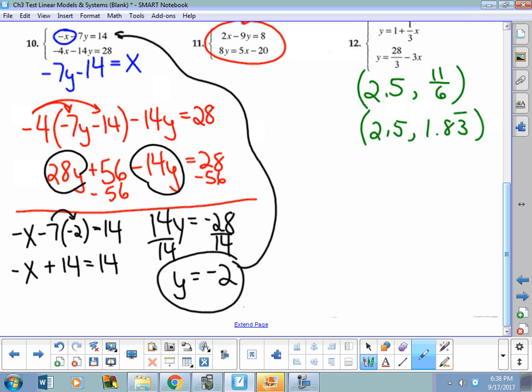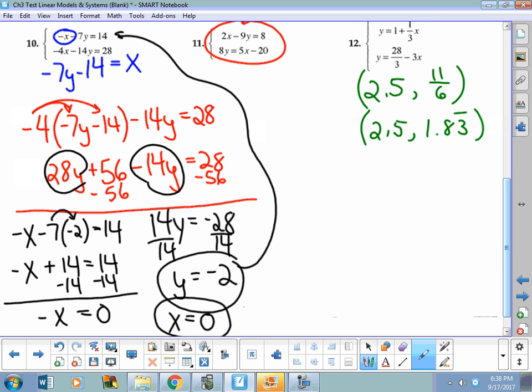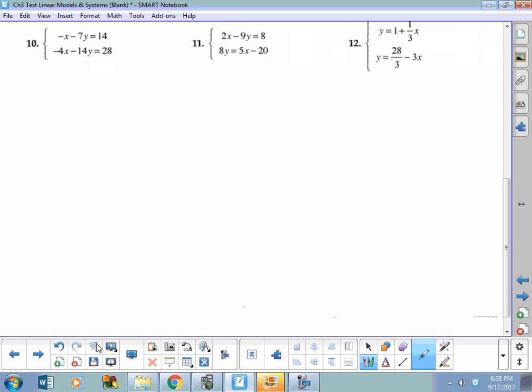That's positive 14. So watch, when I subtract 14 on both sides, I get negative x equals 0. And guess what? Just x equals 0, right? I can divide by negative 1 on both sides. So x equals 0. And those are my two answers there, 0 and negative 2. How about that? All right, great. 0, negative 2. Let's do the last one here, which is in the middle, number 11.